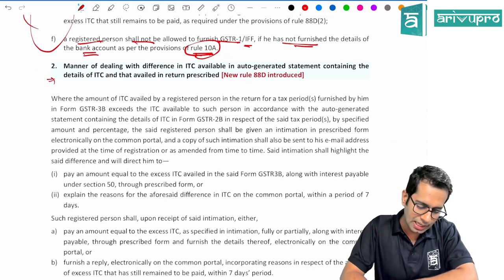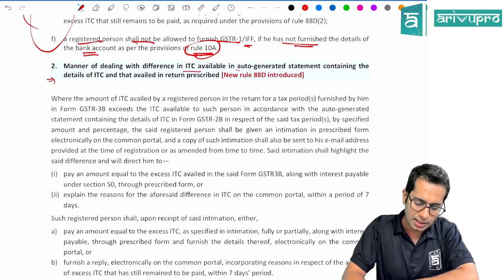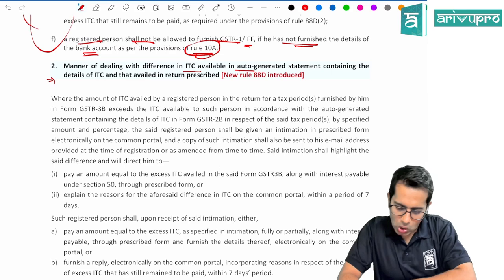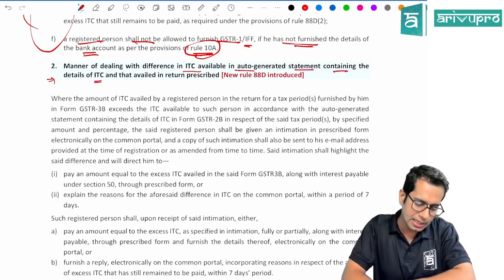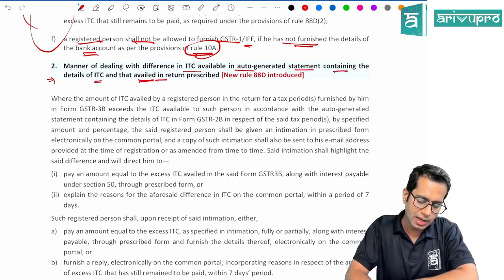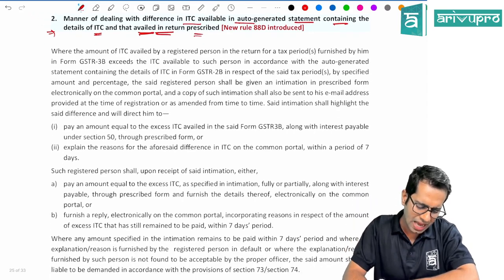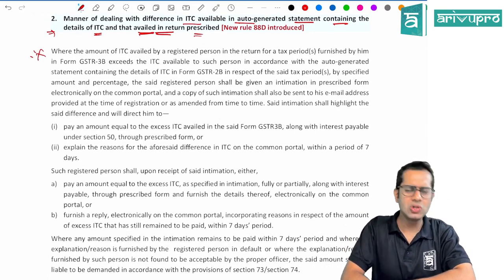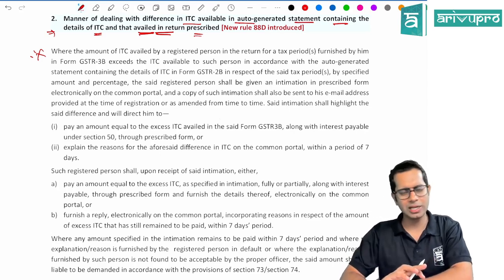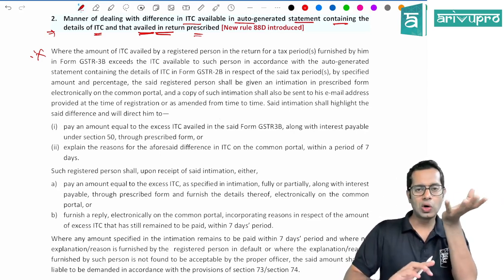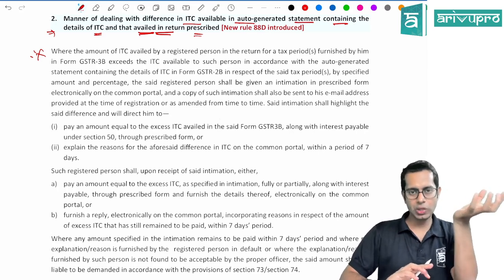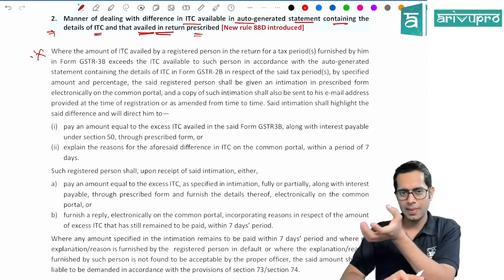Manner of dealing with the difference in input tax credit in the auto-generated statement containing the details of input tax credit availed in the return prescribed. Now they have introduced a new mechanism for taking input tax credit, wherein you can take only whatever is available in GSTR 2B.